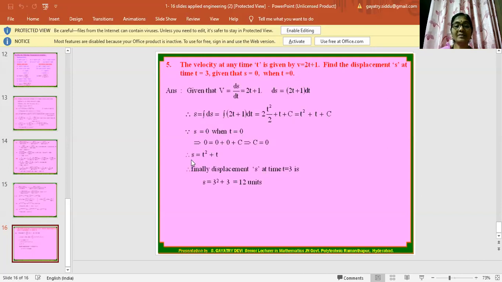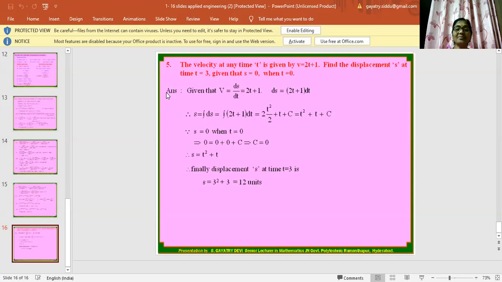Now we got the equation correctly. S equal to t square plus t, which represents the displacement. Finally, they are asking us to find the displacement s at time t equal to 3. So put t equal to 3 in the equation of s, so that you get 3 square plus 3, that is 12 units. So when t equal to 3, the displacement is equal to 12 units.